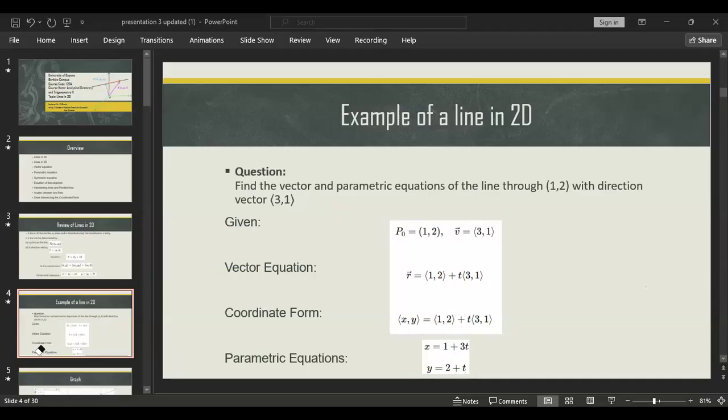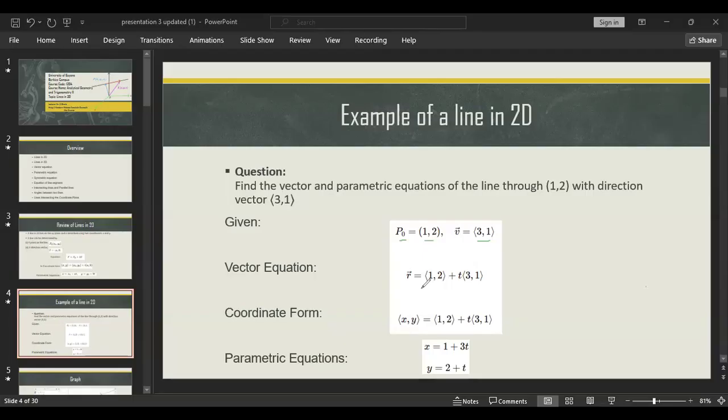So this example says, find the vector and parametric equations of the line through the point (1, 2) with direction vector (3, 1). So in this case, we're given the point P naught, and its coordinates are (1, 2), and our direction vector V is (3, 1).